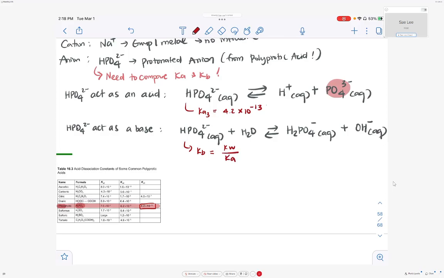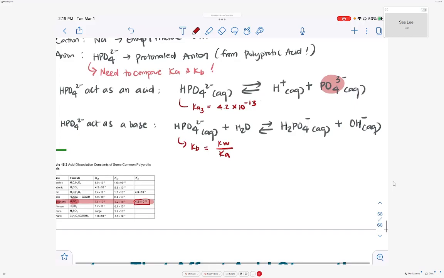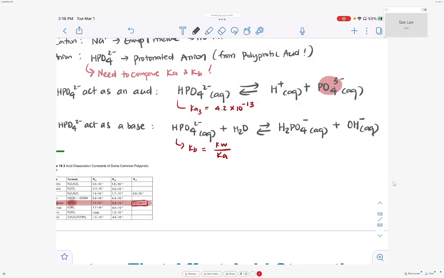Okay, so what is Ka? These two are a conjugate acid-base pair.